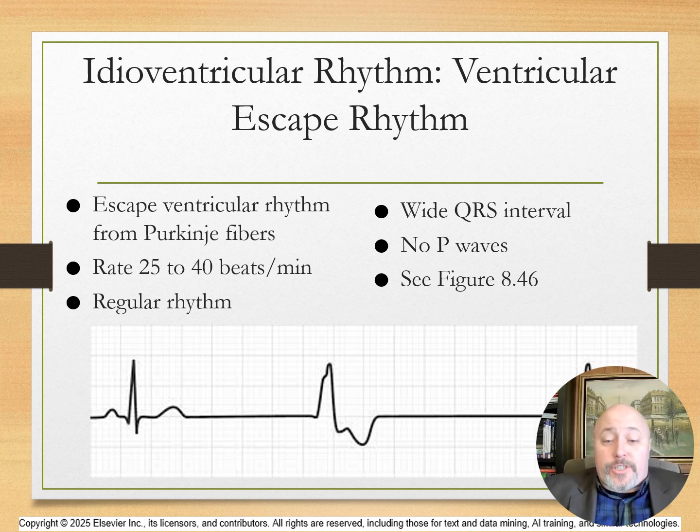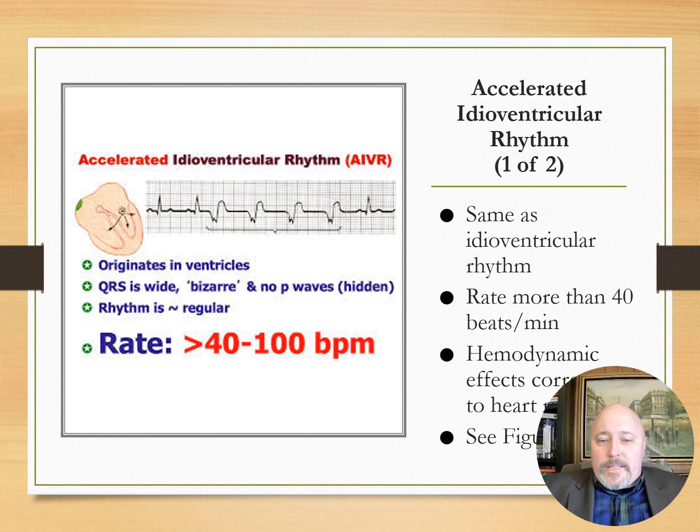Just like with our junctional escape rhythm, there's also a ventricular escape rhythm. These escape ventricular rhythms originate from the Purkinje fibers and have a rate of 25 to 40 beats per minute. The rhythm may be regular, though it'll have wide QRS complexes and no P waves. This rhythm emerges only when the SA node and AV nodes fail to initiate an impulse.